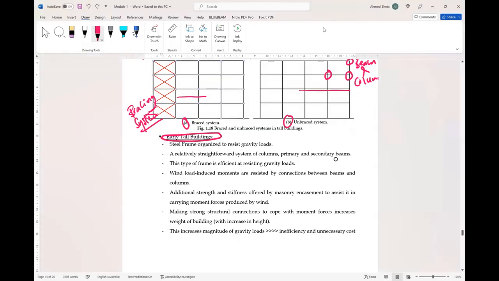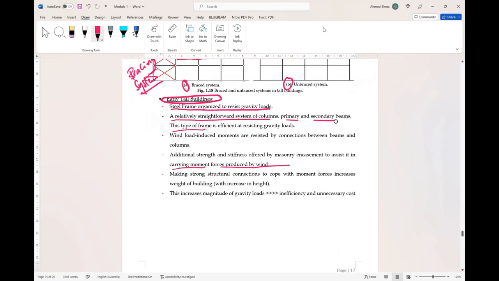A relatively straightforward system of columns and primary and secondary beams was used. This type of frame is efficient to resist the gravity loads. The wind load induced moments were resisted by connections between beams and columns.